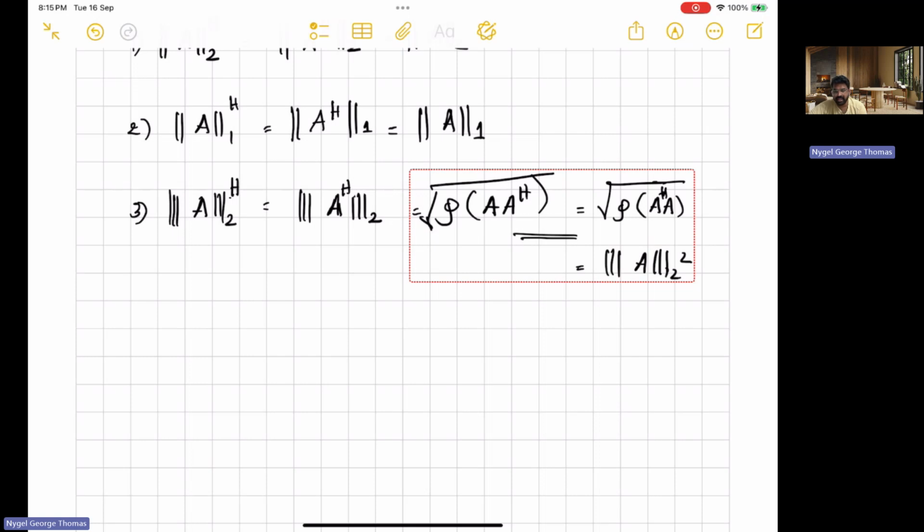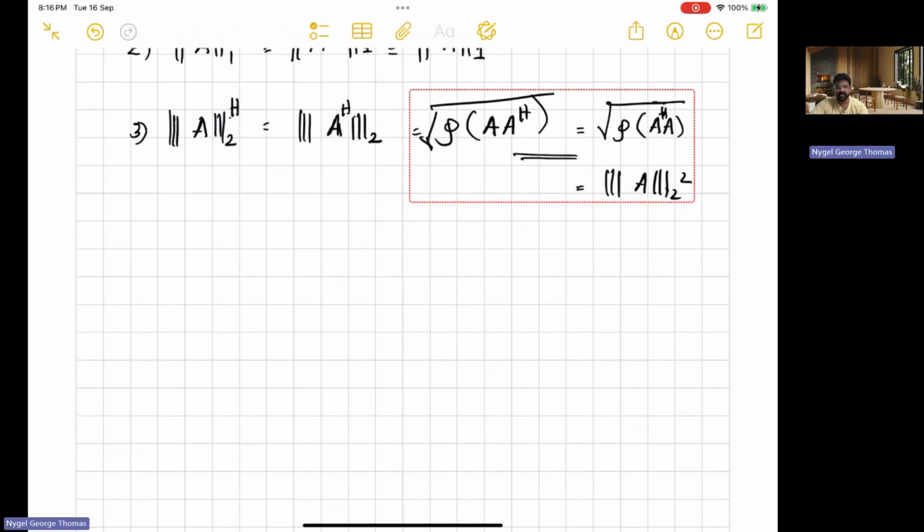Now, the eigenvalues of A A Hermitian and the eigenvalues of A Hermitian A are the same. Both are symmetric matrices, right? So both their transposes are the same. That means A and A Hermitian are the same. You can just put it alternatively.